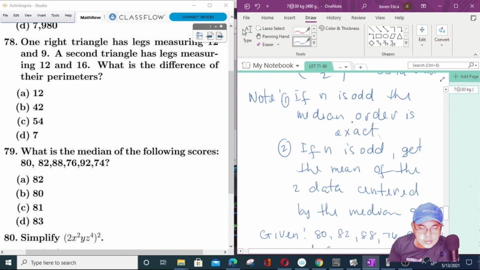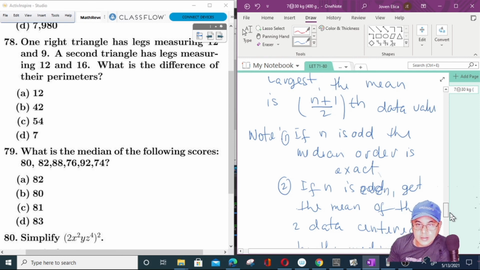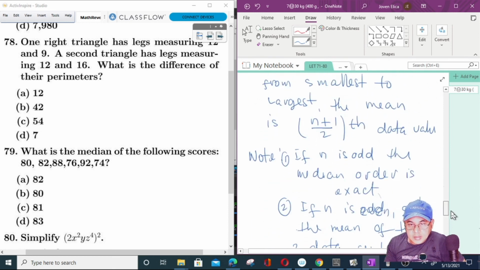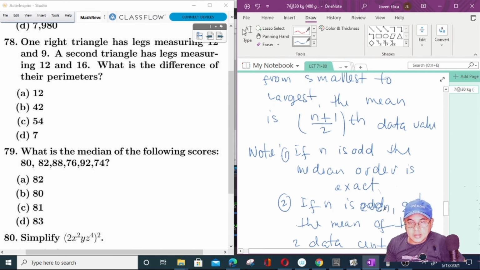If n is even, our n is 6, so this is even. If n is odd, get the mean.